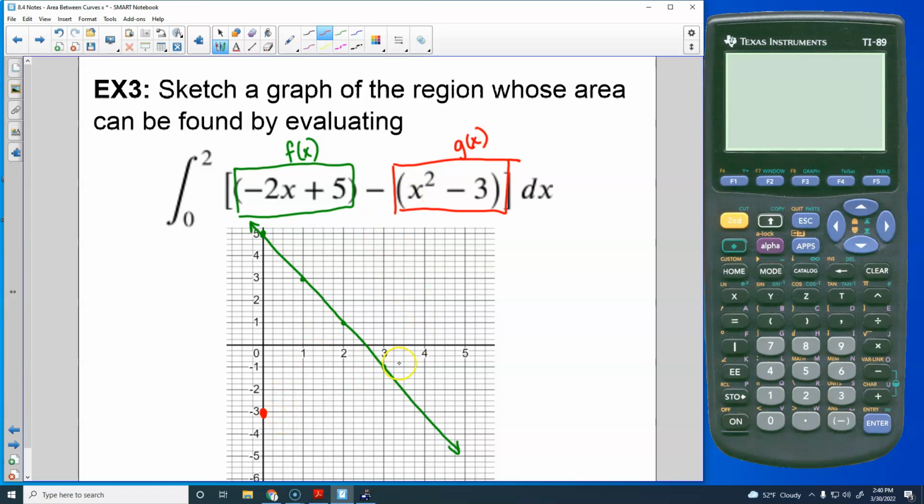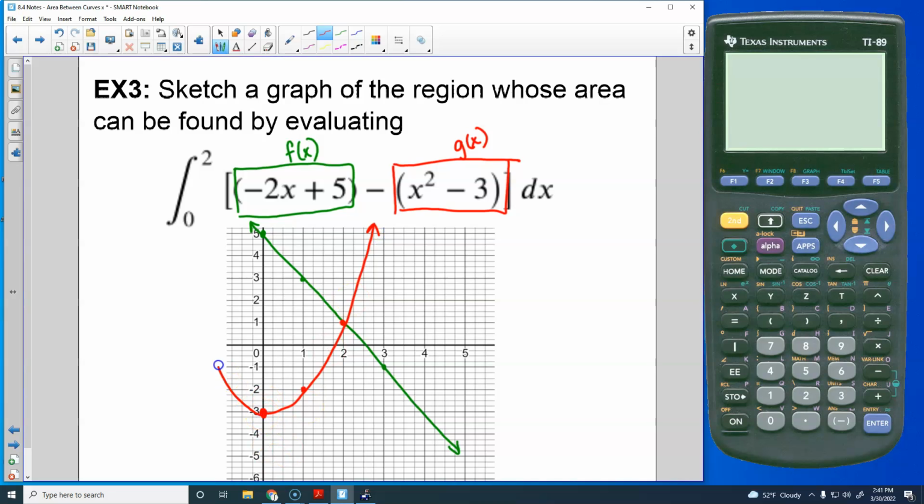So you may remember I've done less and less with actually graphing by hand, so you might not remember exactly how to graph that, but you can just plug numbers in. So if I plug in 1 squared minus 3, that gives me -2, so there's your point right there. If I plug in 2 squared minus 3, that gives you 1, so there's your point right there, and here's what you're looking at.